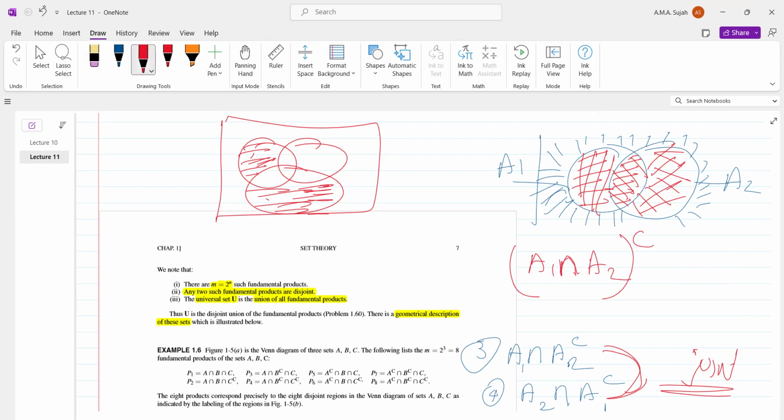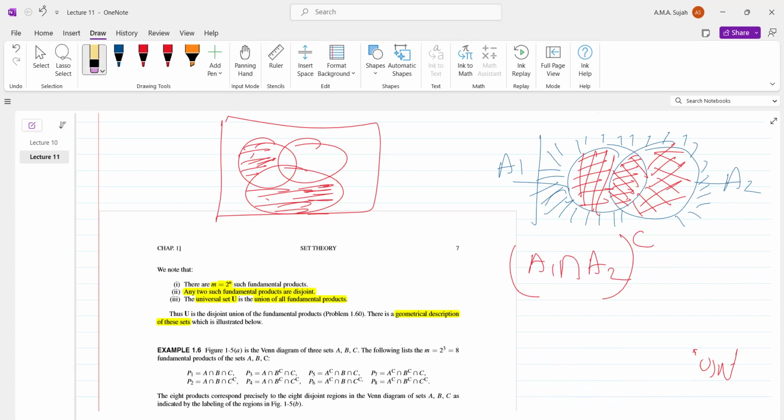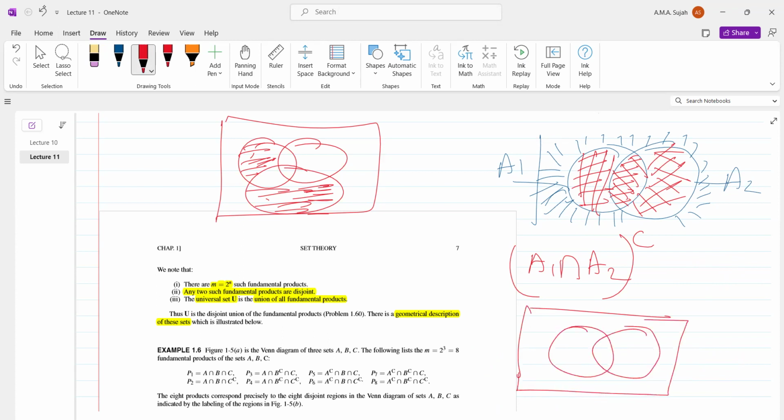If you're asking this, just look here. A1 intersection A2, whole thing complement, means which area? This is not correct for the fourth one. If you don't understand, just draw a Venn diagram and you can find out. First, this is A1, this is A2.